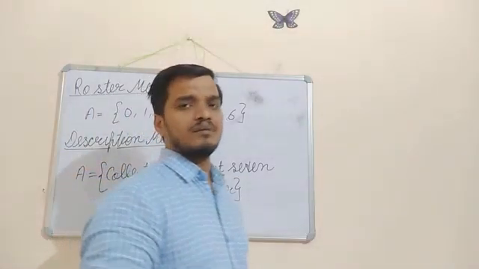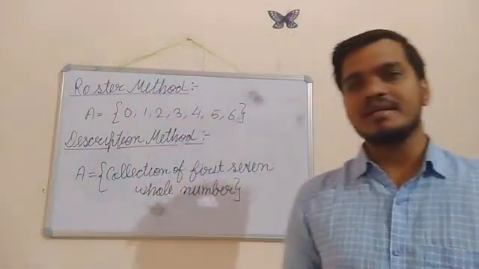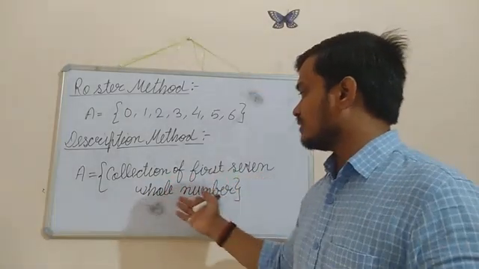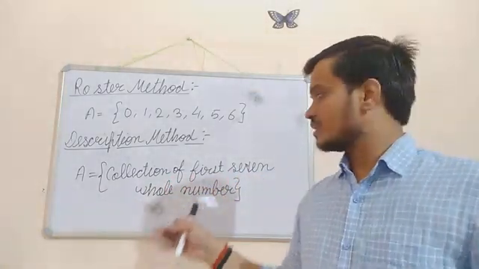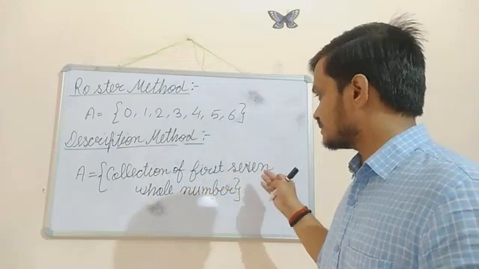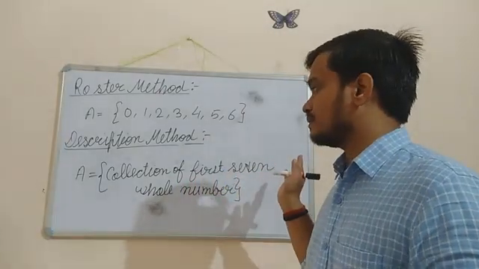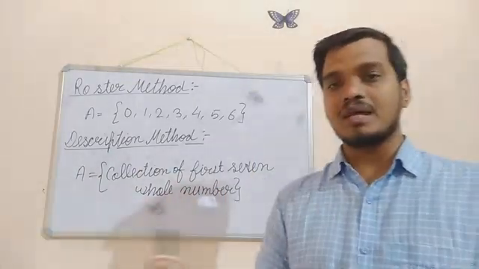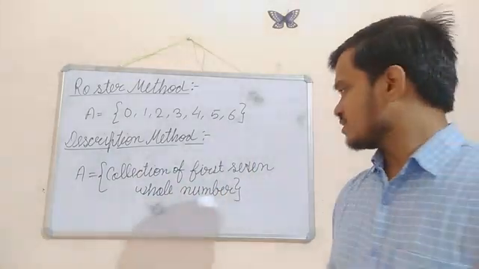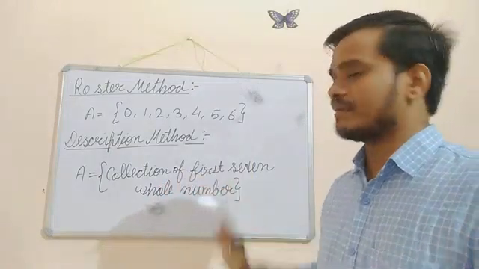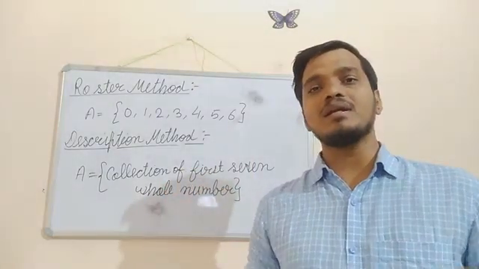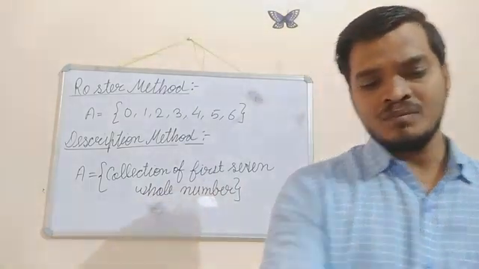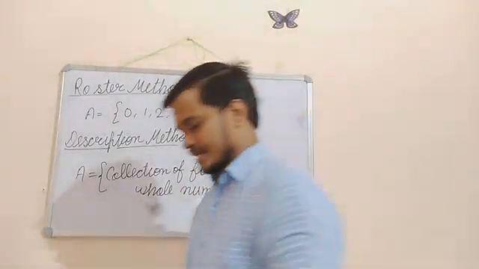This many possibilities are there. You can describe as collection of 7 whole numbers from beginning, collection of whole numbers less than 7. Many possibilities are there. So here I have written collection of first 7 whole numbers. Means whatever collection you have done, just simply you have to describe it. So this method we are not using as much.